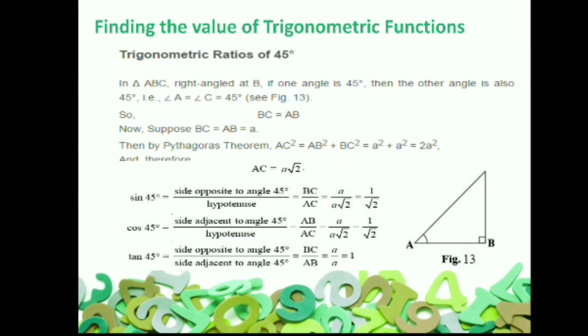Okay, now the second one, cos 45. Again you know cos theta is equal to base upon hypotenuse. So AB upon AC, and AB is also small a and AC is a root 2. So a again cancels.